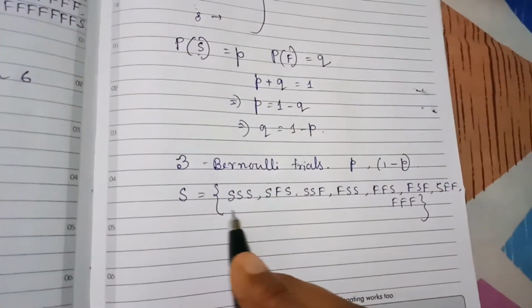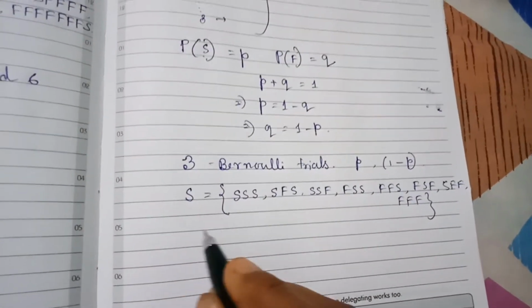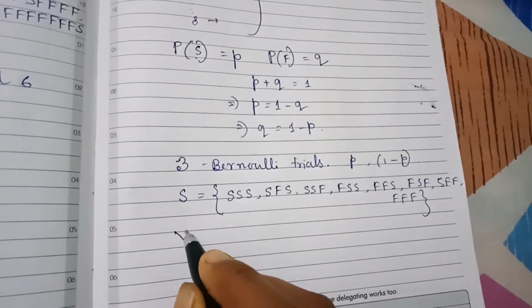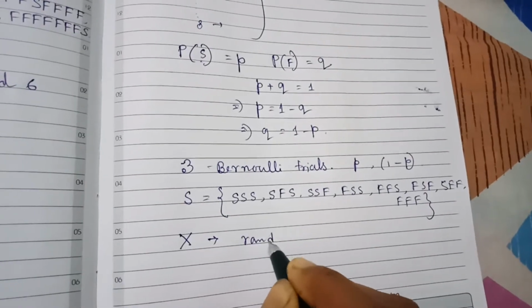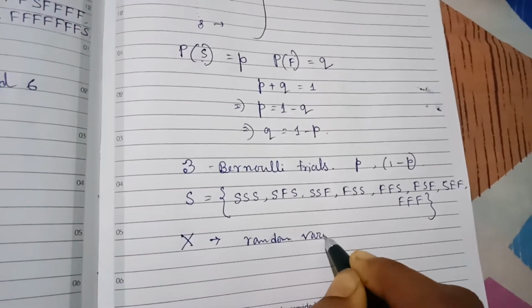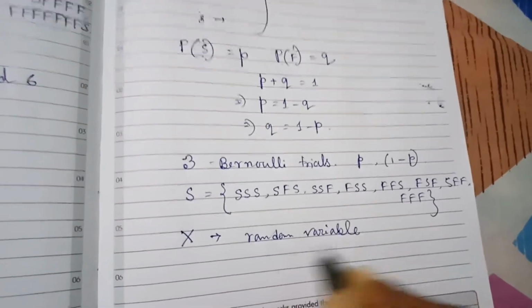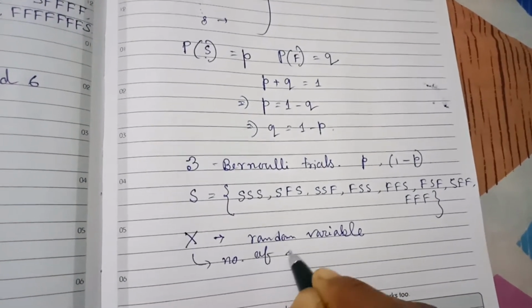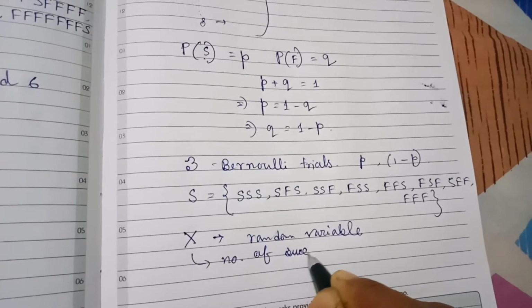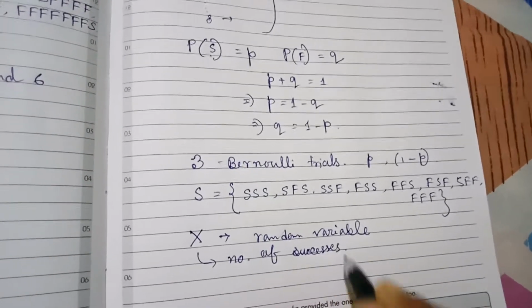Okay. So we can say that the number of successes is the random variable x. Random variable already we have done. So random variable x, and that is the number of successes. So what can be its possible values?